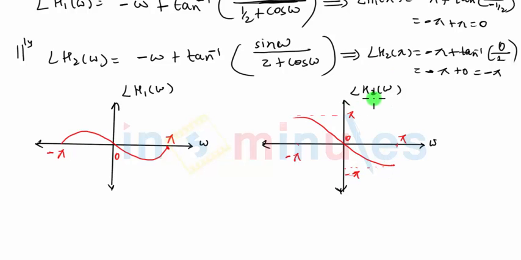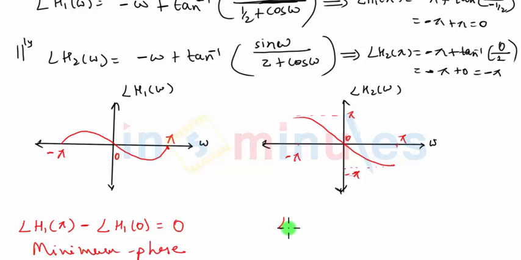So by looking at these phase characteristics, if I want to define the net phase change, that means phase at pi minus phase at 0, for the first system it will be 0, and hence it is called a minimum phase system.